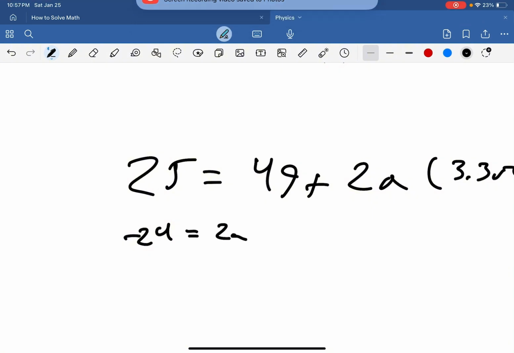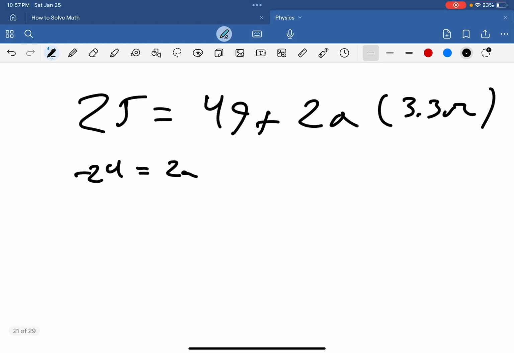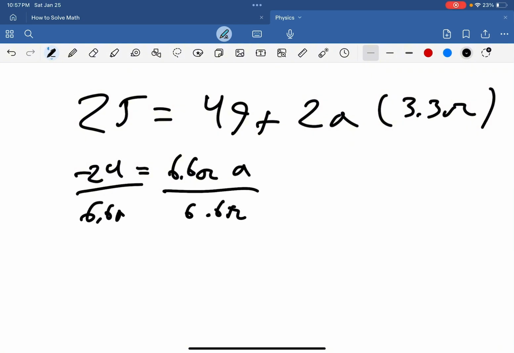is equal to 2a times 3.3 pi. I'm just going to write this as 6.6 pi a, divided by 6.6 pi on both sides.